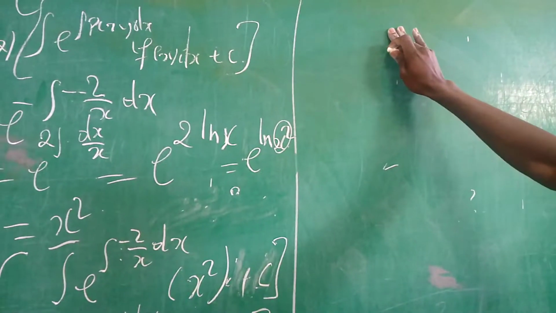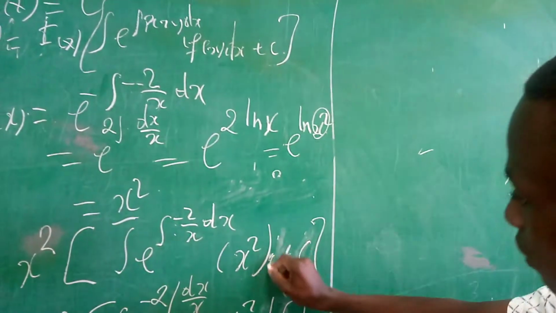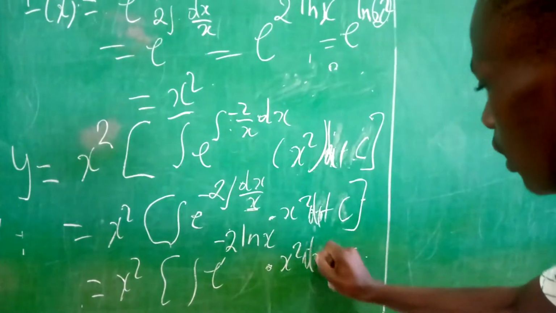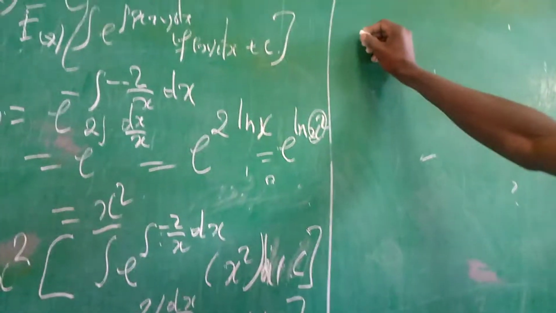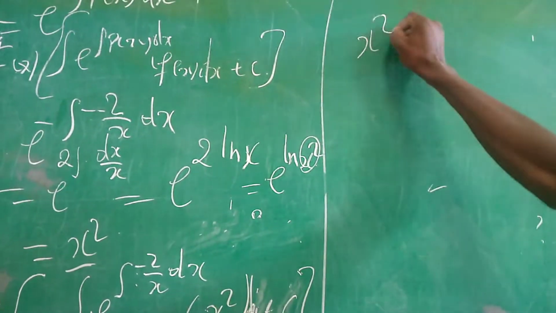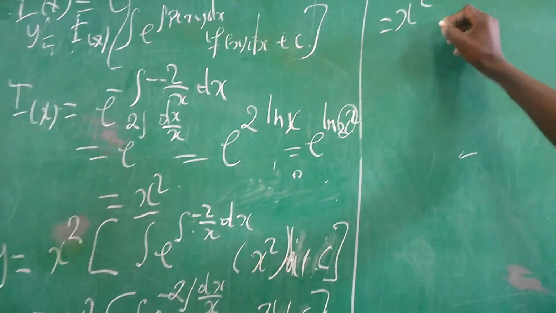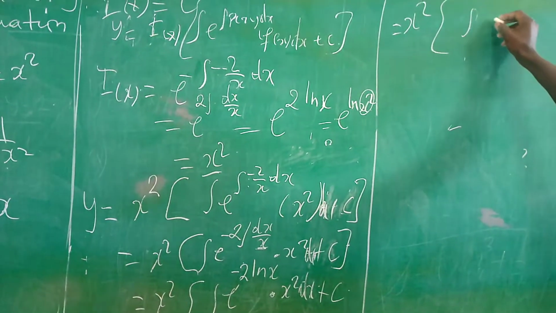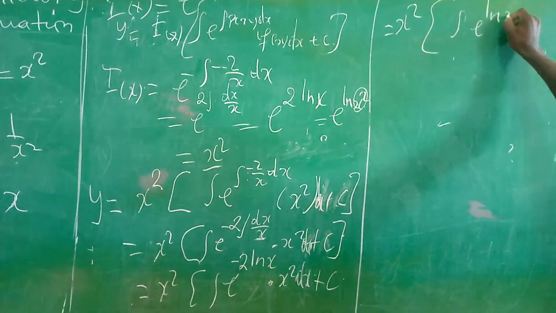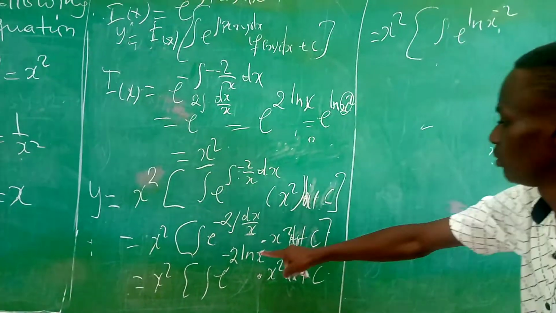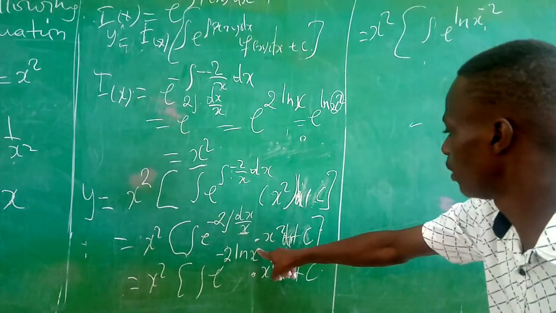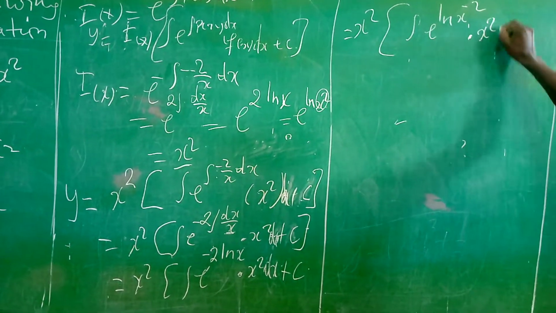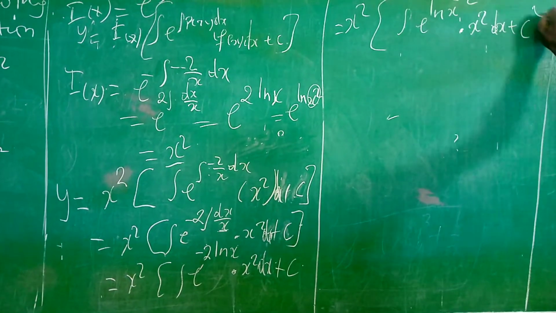We just have to continue our equation, and then we get the equation like this: x squared, bracket, integral of e power ln x power negative 2. This negative 2 comes as the power, then times x squared dx plus c.